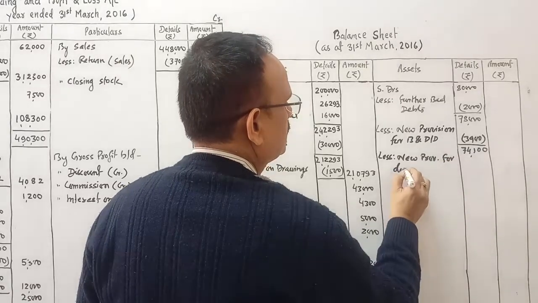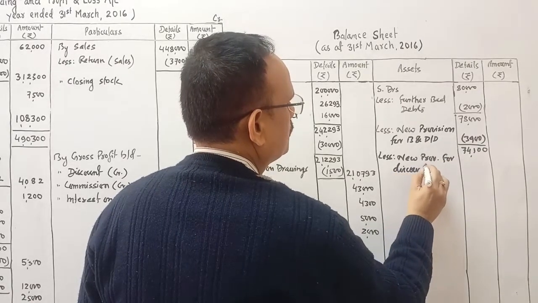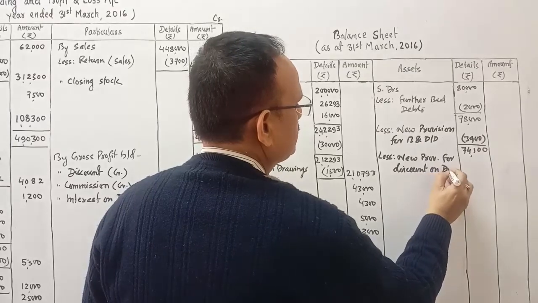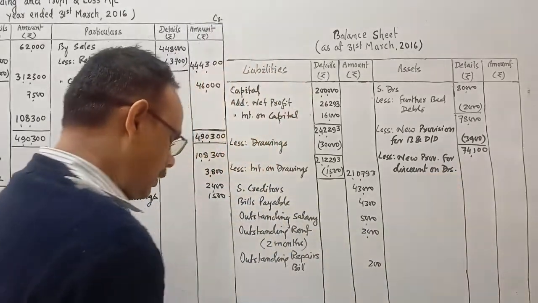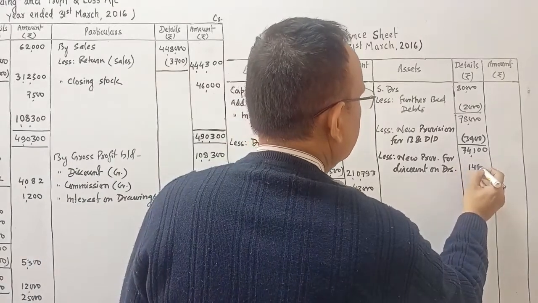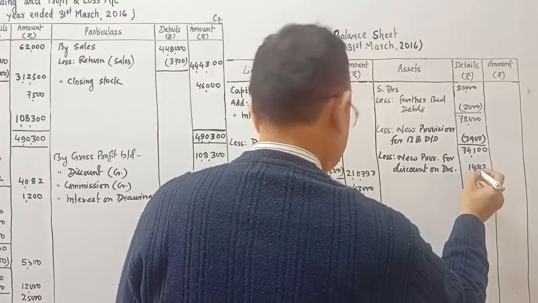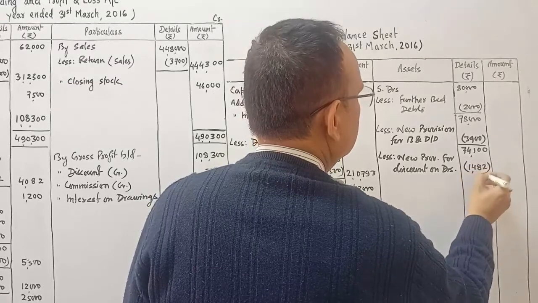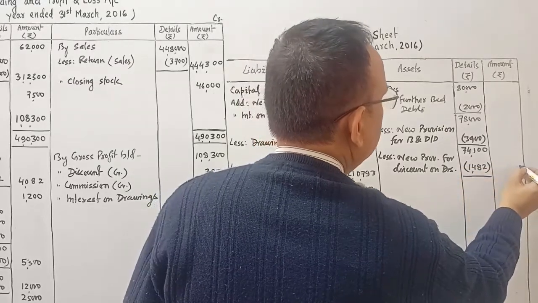Thereafter we will deduct new provision for discount on debtors. New provision for discount on debtors is 1,482. This will be deducted.